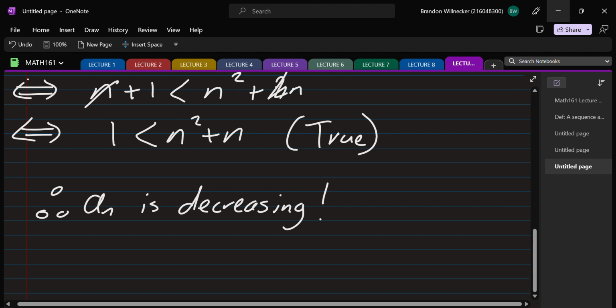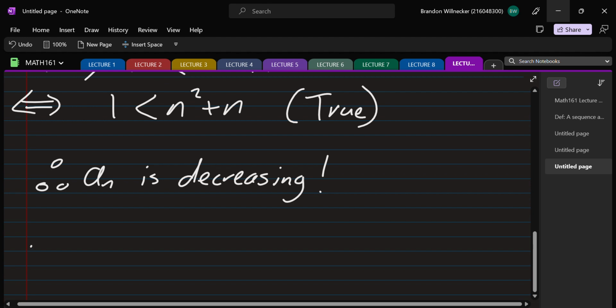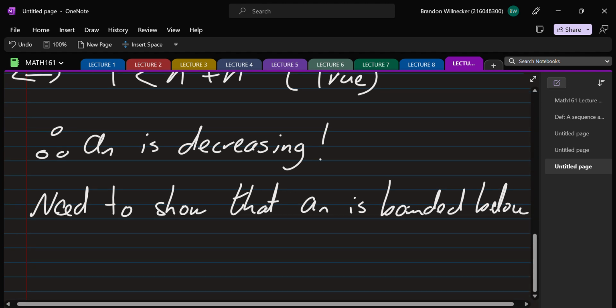So it's decreasing, which means we're using that second part of the theorem. So if we have a sequence that is decreasing and bounded below, then it's convergent. Okay, since it's decreasing, we need to show it's bounded below. So we need to show that a_n is bounded below. Which is very easy in our case, because remember what a_n is?